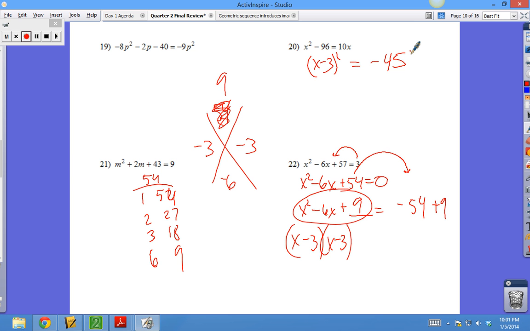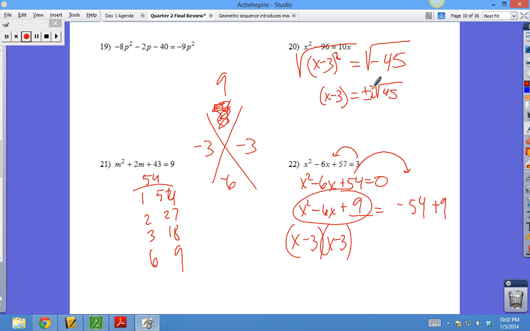Okay, now let's undo the square. So how you undo a square is you do the square root. Square root this side, square root this side, but I got a square root of a negative. So this side undoes itself. So I've just got x minus 3, and because I did the square root, I'm going to go plus or minus the square root of 45, and I'm going to take the imaginary out.